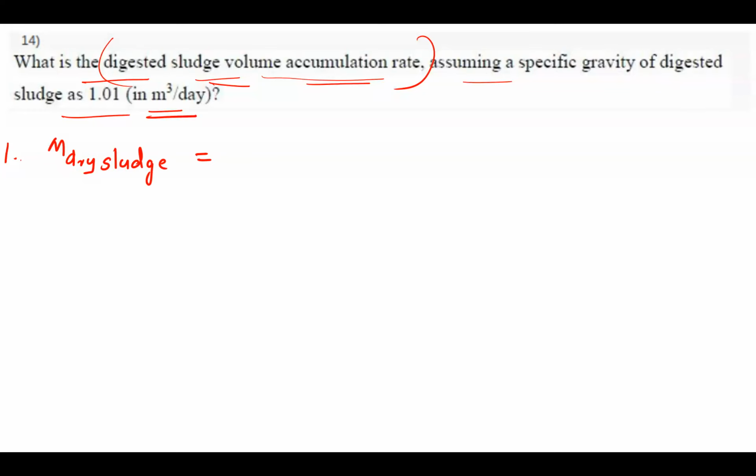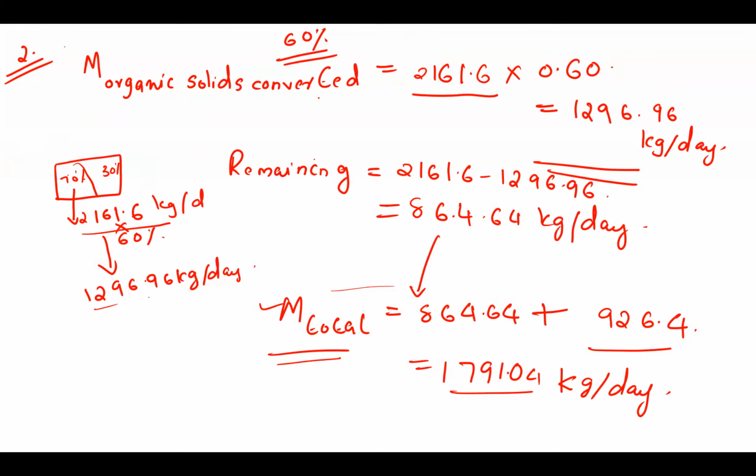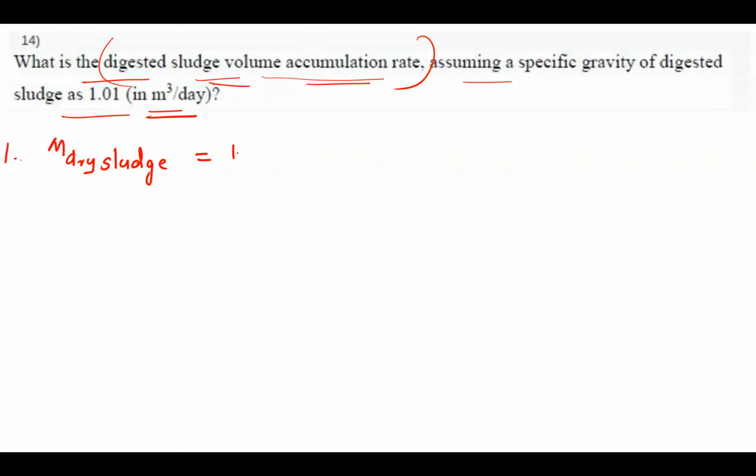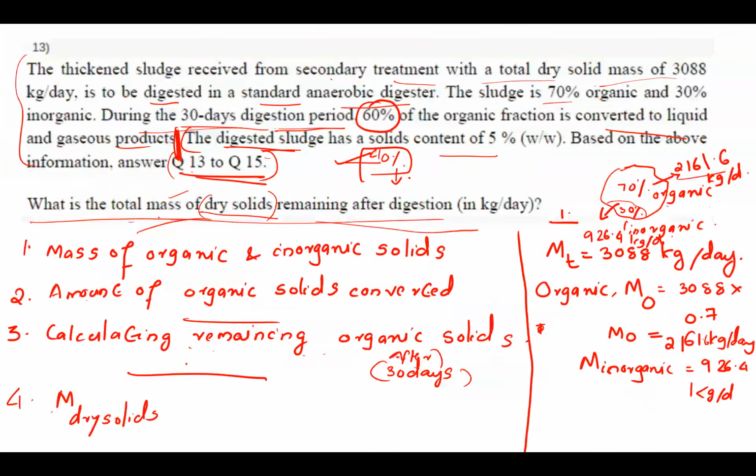That means we got 1791.04 kg per day. And then we have to see this one. The digested sludge has a solid content of 5 percentage.